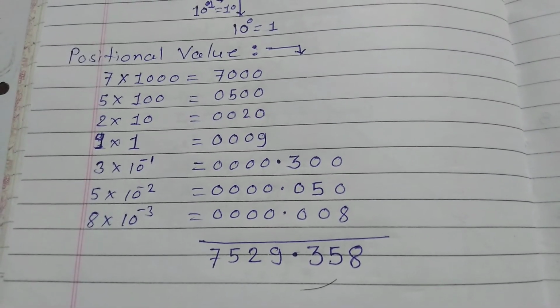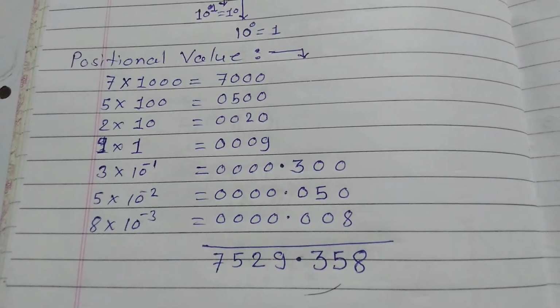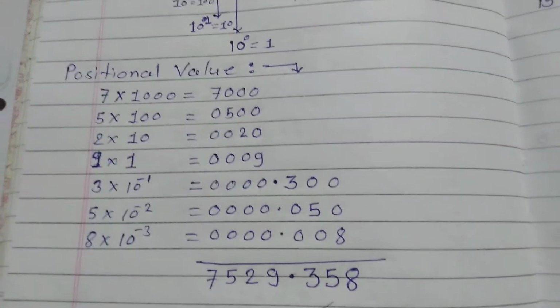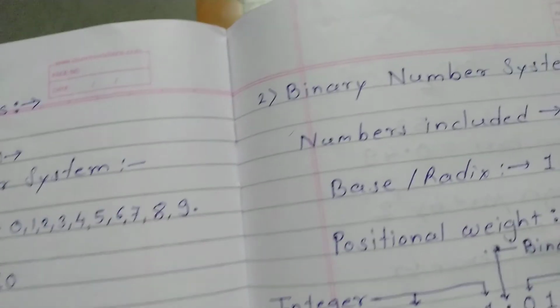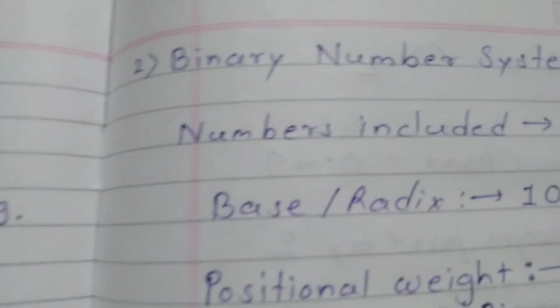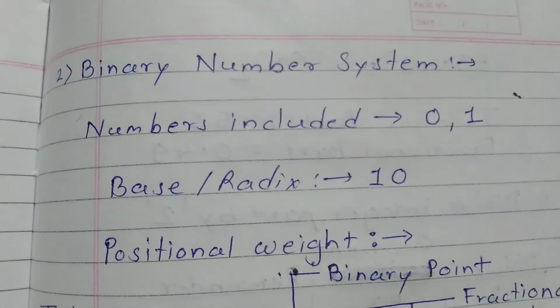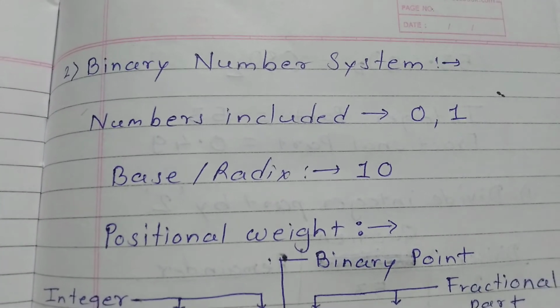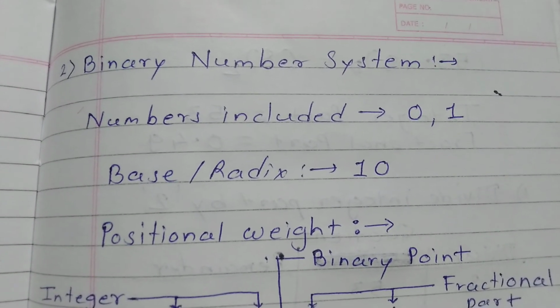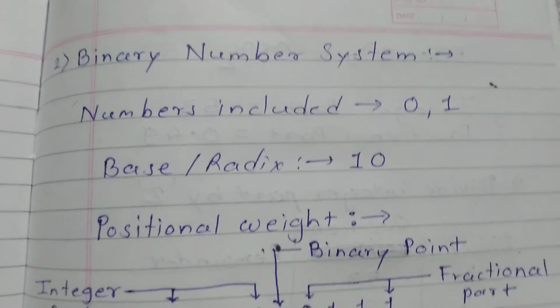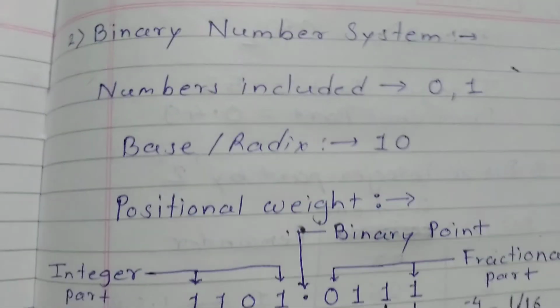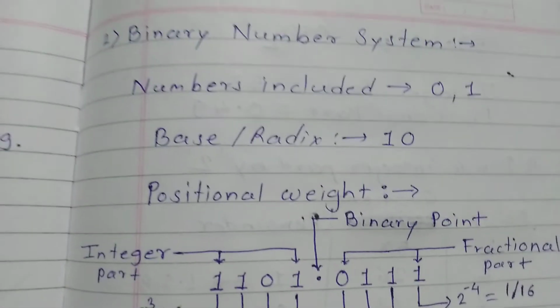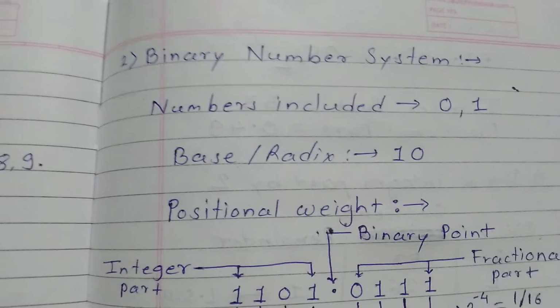So let us understand the second number system, the binary number system. The binary number system is a number system which includes only two numbers, that is 1 and 0. The base or radix of this number system, I have written 10, so it is wrong, it is 2.